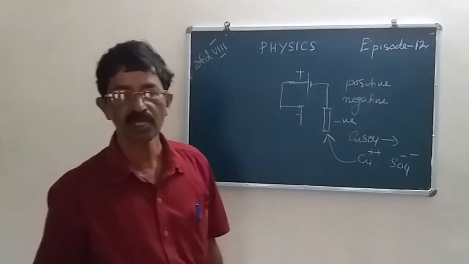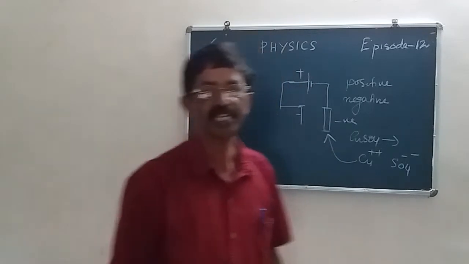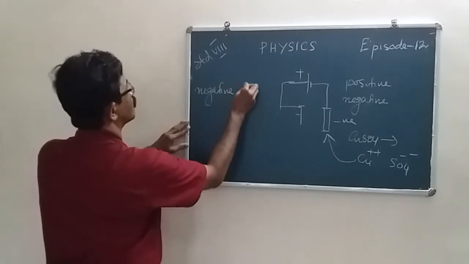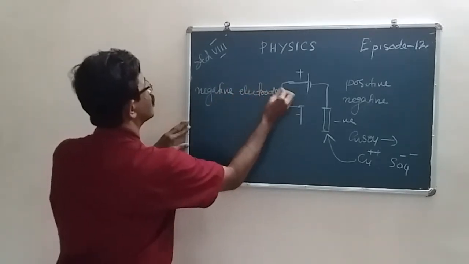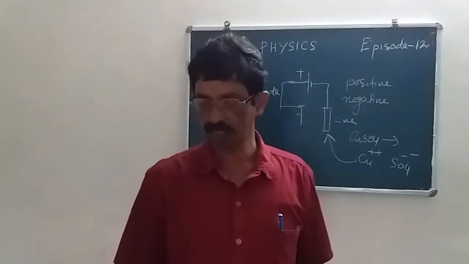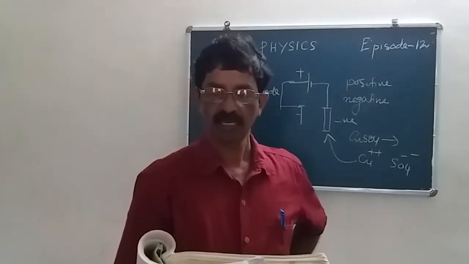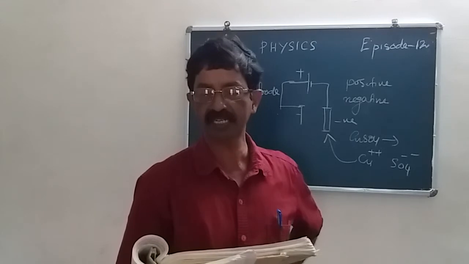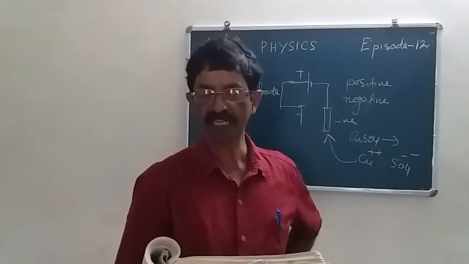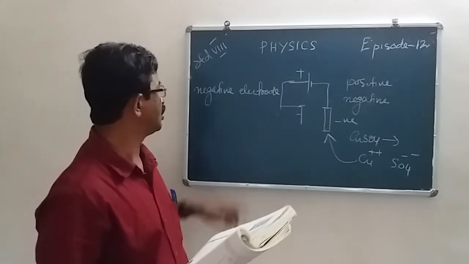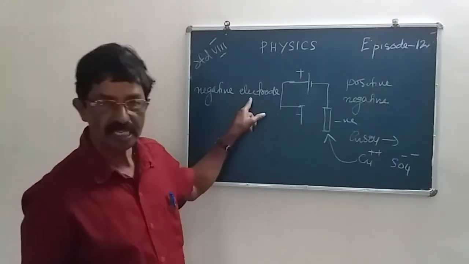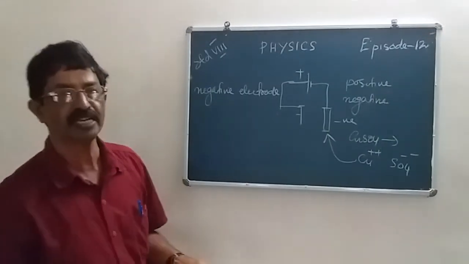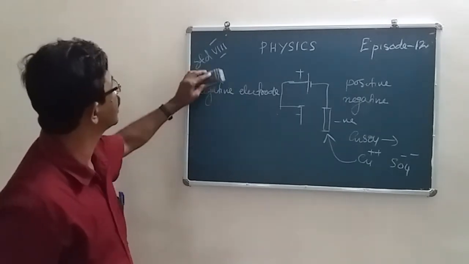So copper is depositing on the negative electrode. If you pass current through copper sulfate solution, copper gets deposited on the plate connected to the negative terminal of the battery. That electrode connected to the negative terminal is called a negative electrode.